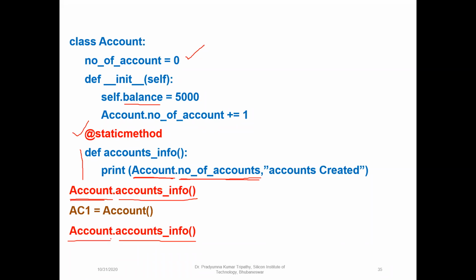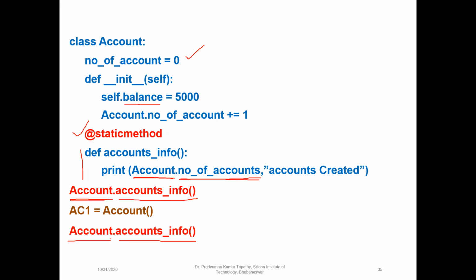Is it understood? The static method is understood. Only two things you have to remember. One is that static methods have access to other static members of the class, and they can be accessed by using the class name. Acha, if it is a non-static method or instance method, what it can access?